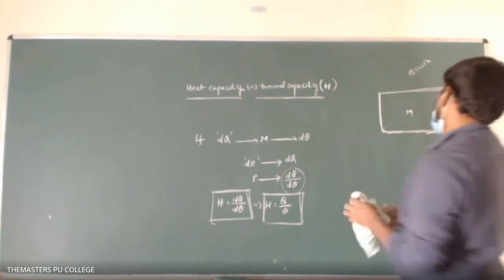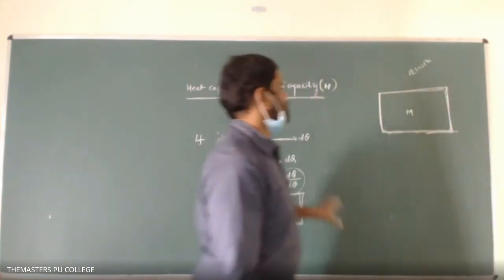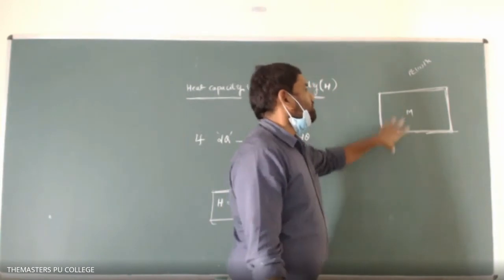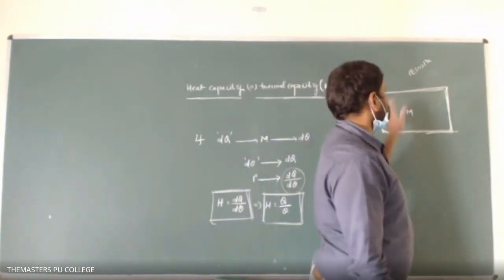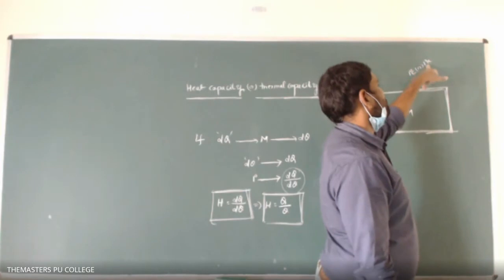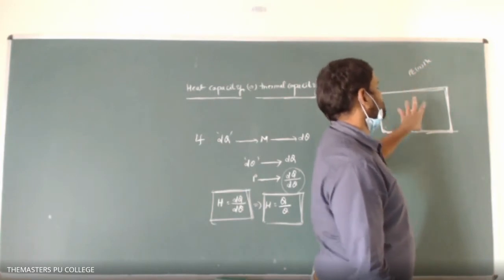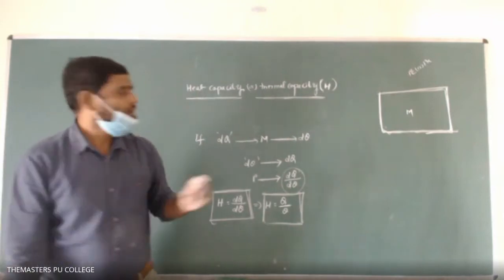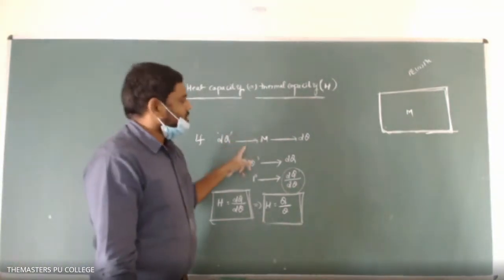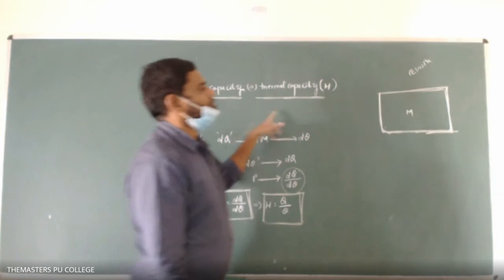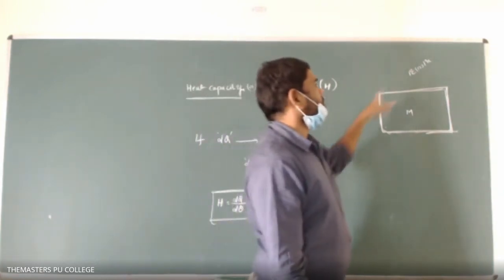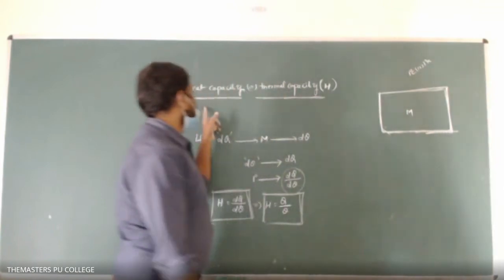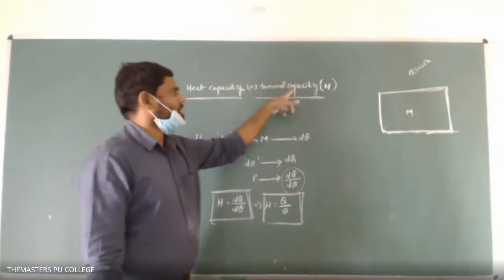How much heat energy do I need to give to this block to raise its temperature by 1 degree Kelvin or 1 degree centigrade? That is known as the heat capacity or thermal capacity. The amount of heat required to raise the temperature of the substance by 1 degree Celsius or 1 degree Kelvin is known as heat capacity or thermal capacity.